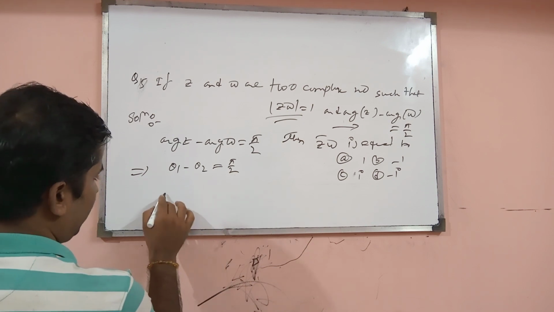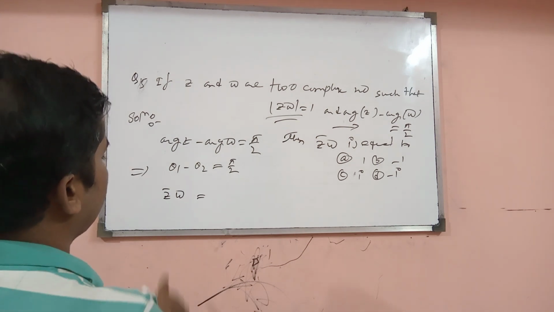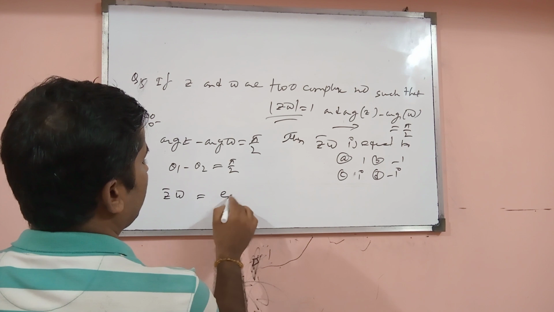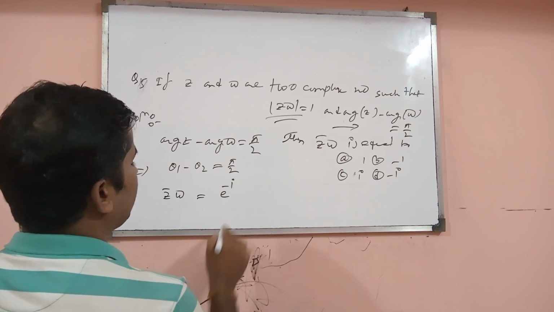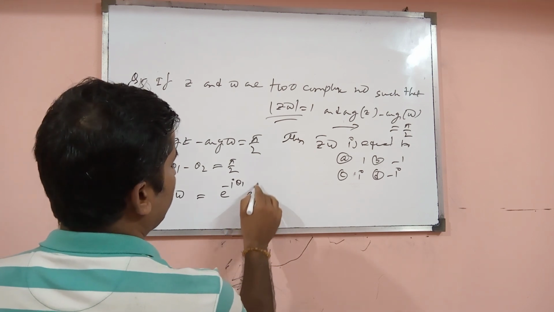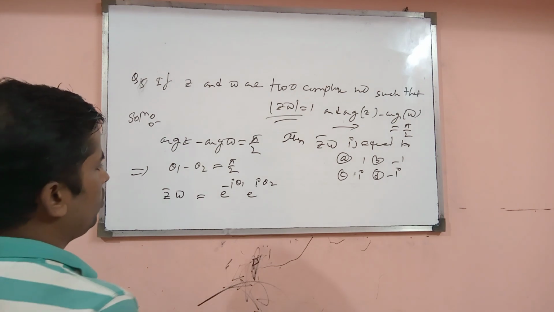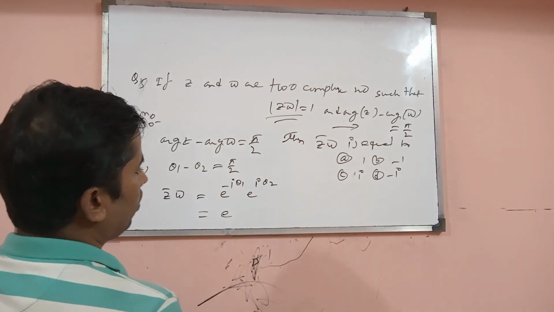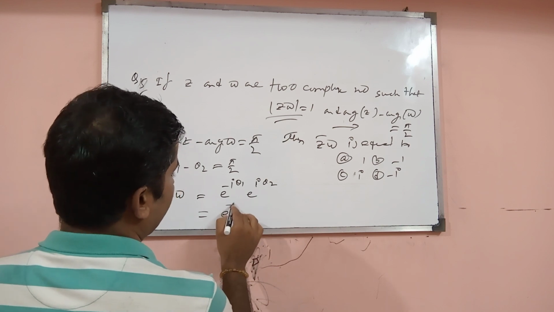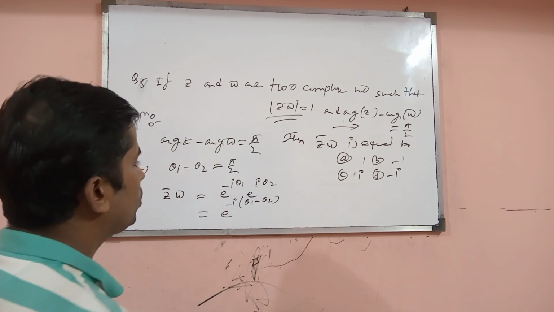Therefore Z bar W is equal to Z bar, mean e to the power minus i theta 1, and W, mean e to the power i theta 2. Okay, so simplest, it would be e to the power minus i theta 1 minus theta 2.